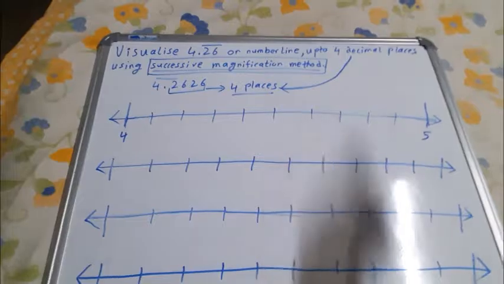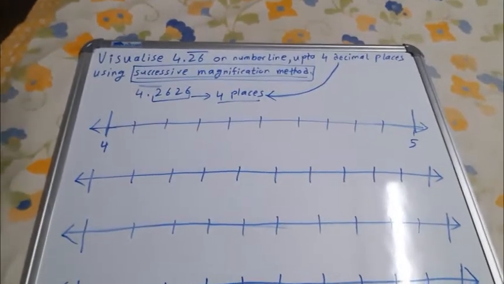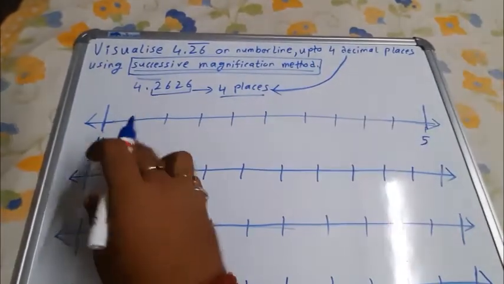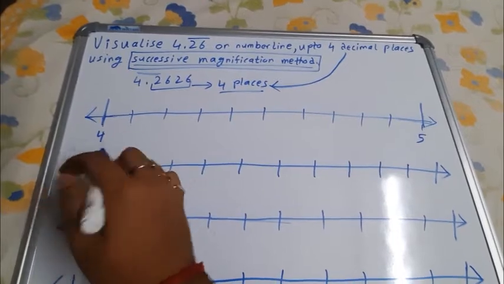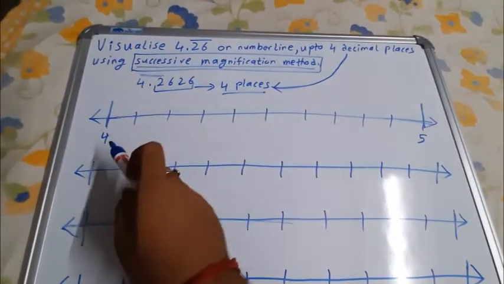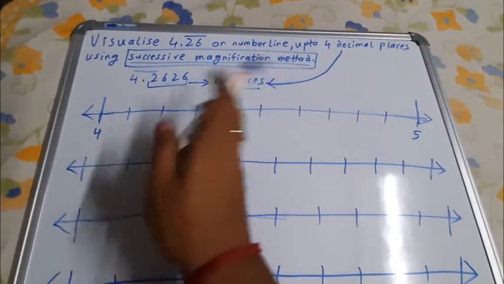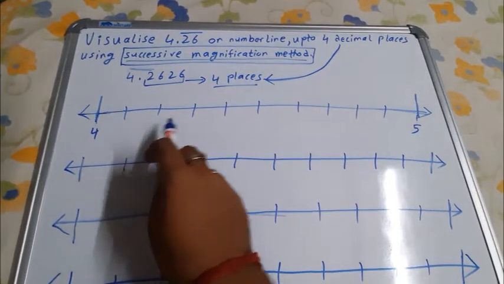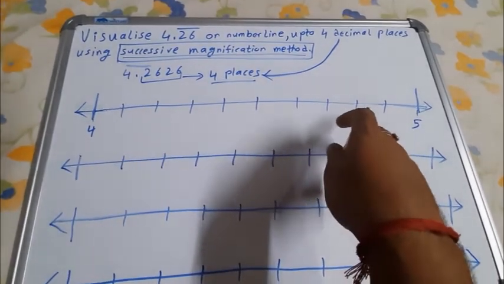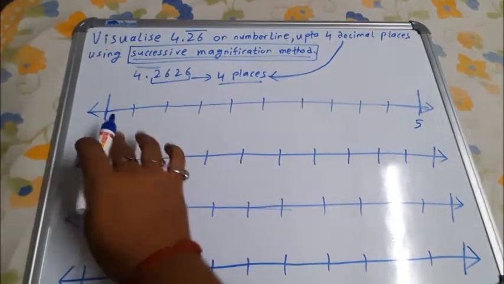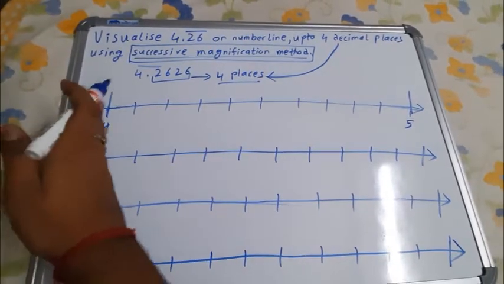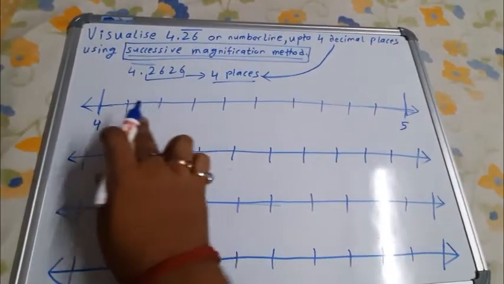That is 4 and 5. We all know 4.2 will lie between 4 and 5. Now between 4 and 5 we mark a number line. We mark 4 at one end and 5 at the other end, and we mark 9 places on this number line. Why 9 places? In between 4 and 5 we have divided 9 places.